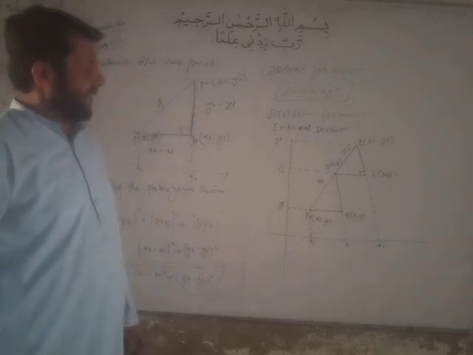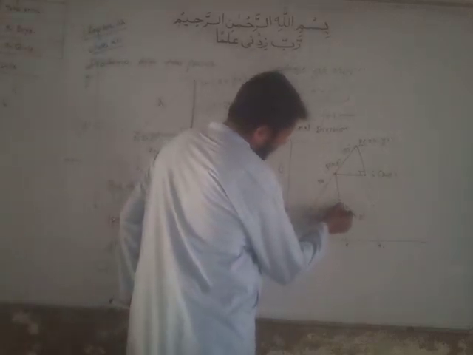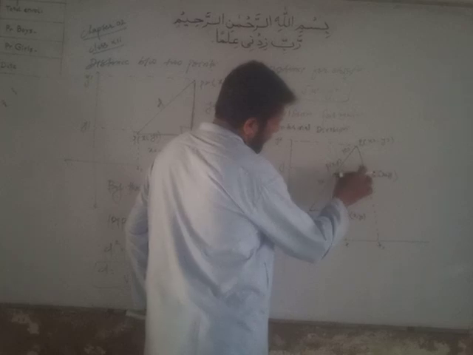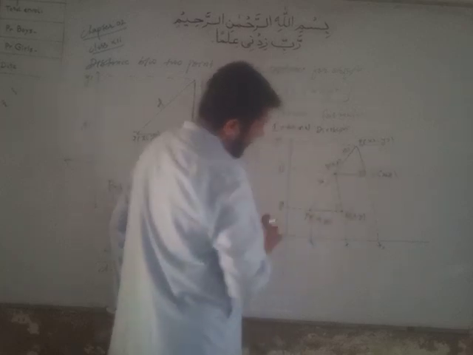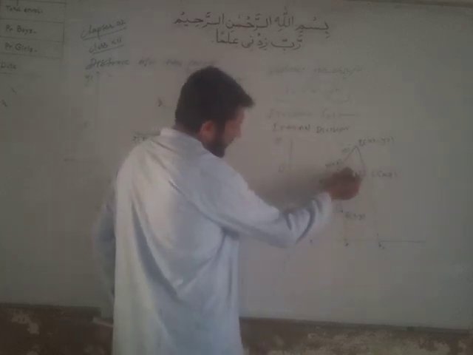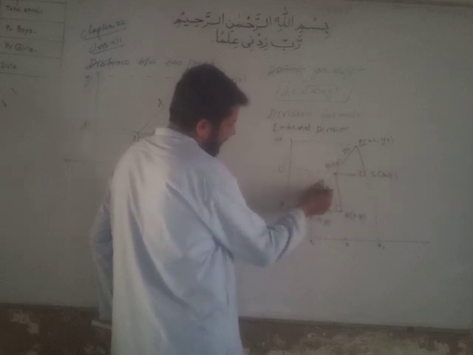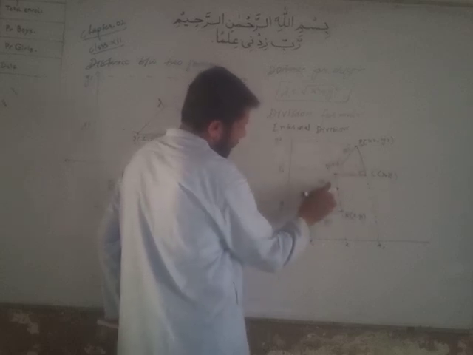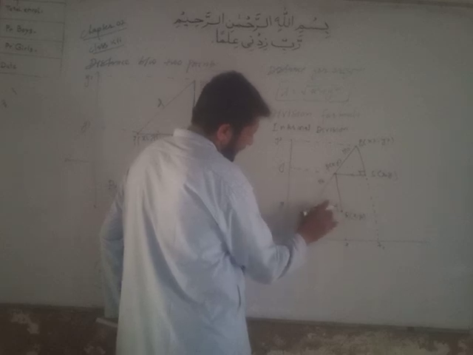Okay, so these are similar triangles. Similar triangles, because in similar triangles the corresponding angles are congruent. This is angle 1 and this is angle 1. These are congruent. Not sides, but these angles are congruent.